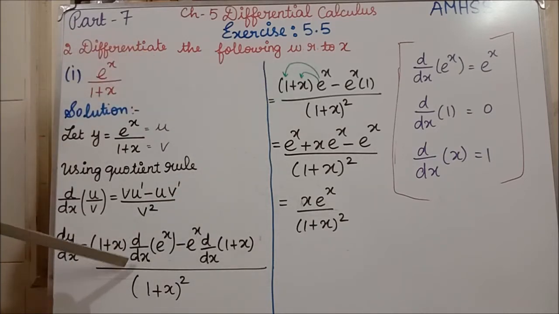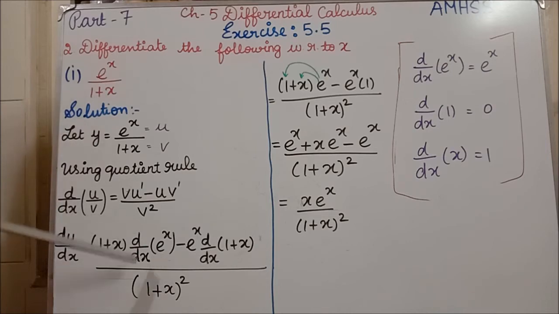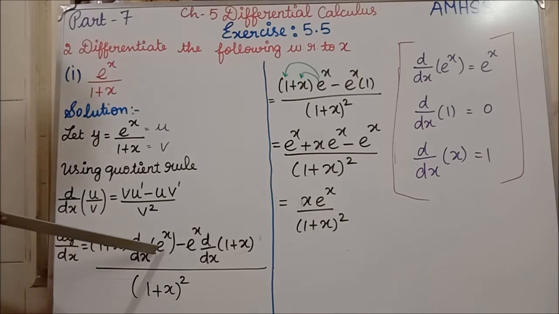Next, d by dx of e power x, what is the answer? E power x. See, there I have written in the bracket. This formula we have done in the exercise first subdivision, in the first problem itself, in 2 or 3 problems I think. So d by dx of e power x is what? E power x. If you differentiate, we will get the same e power x only as the answer.